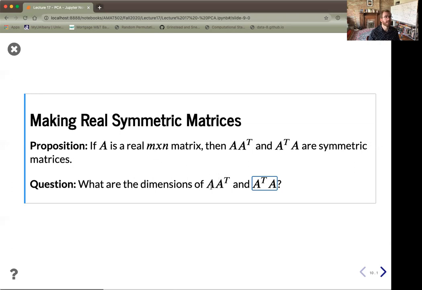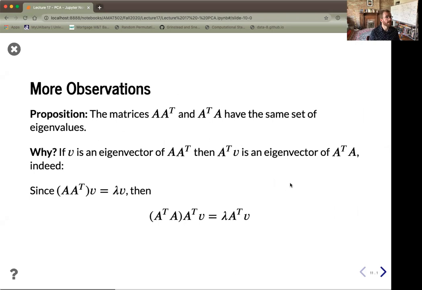And so A times A transpose is going to be an m by m matrix, and A transpose times A is going to be an n by n matrix. All right, so let's figure out a few more little observations, and then we'll get into some of the code and what PCA is made of.